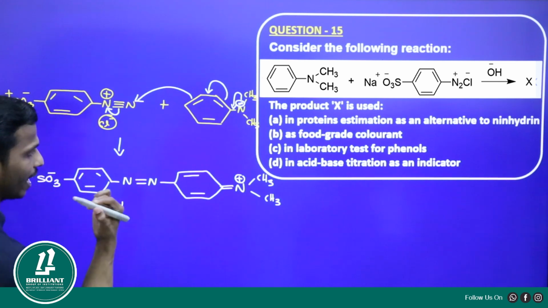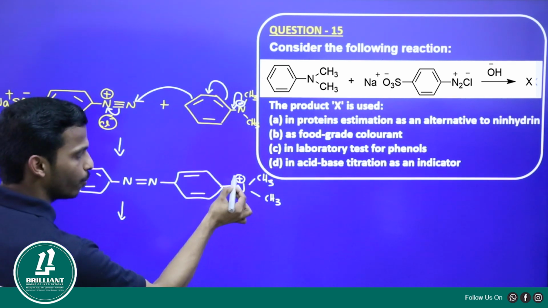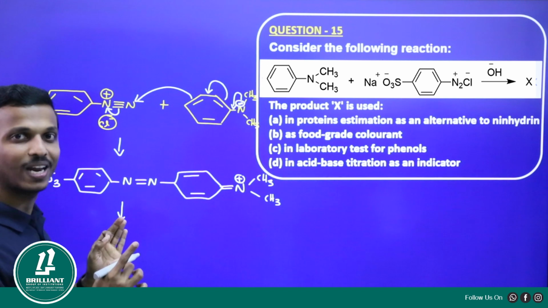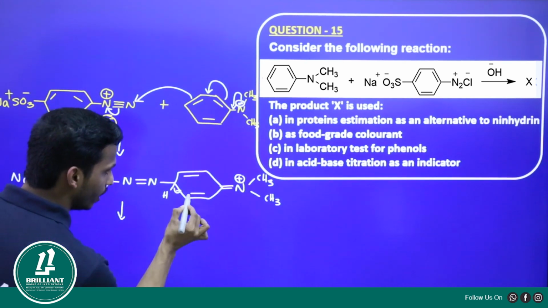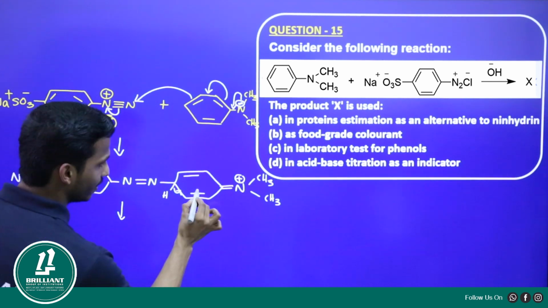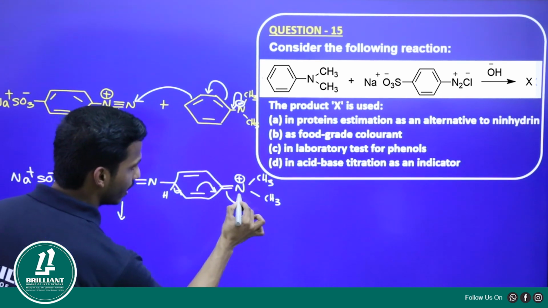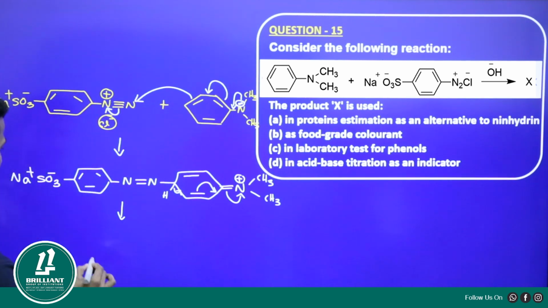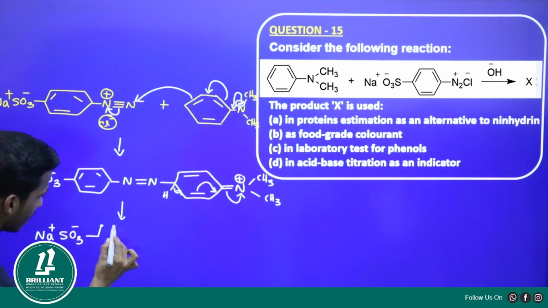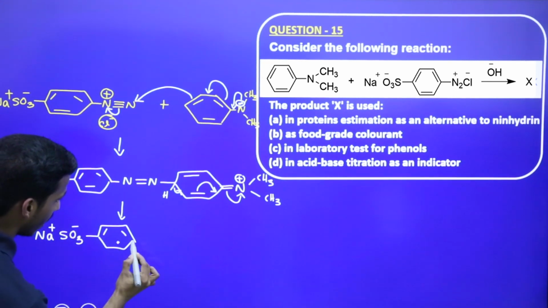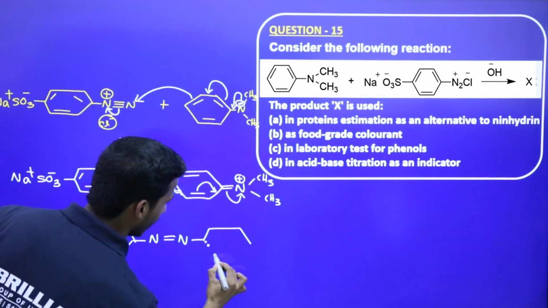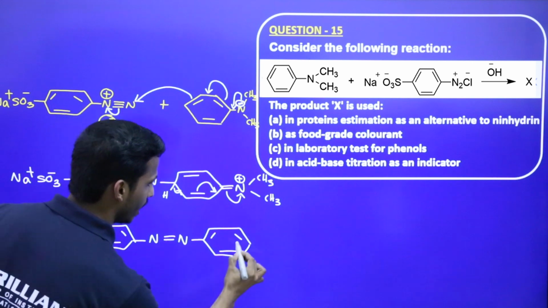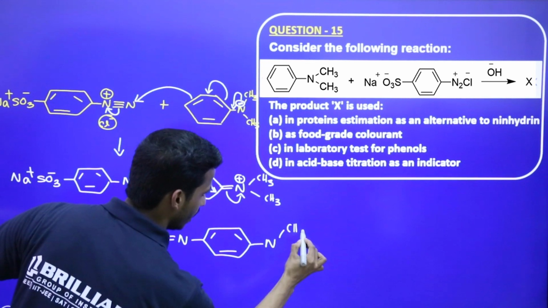And after that, what can happen? In order to cancel this positive charge on nitrogen, you know nitrogen is an electronegative element, one of the hydrogens can shift here, right? And then this pi bond moves and the positive charge on nitrogen will cancel. So you will get Na+ SO3- and the benzene ring and nitrogen double bond nitrogen and again the benzene ring, aromaticity is retained, and nitrogen CH3.